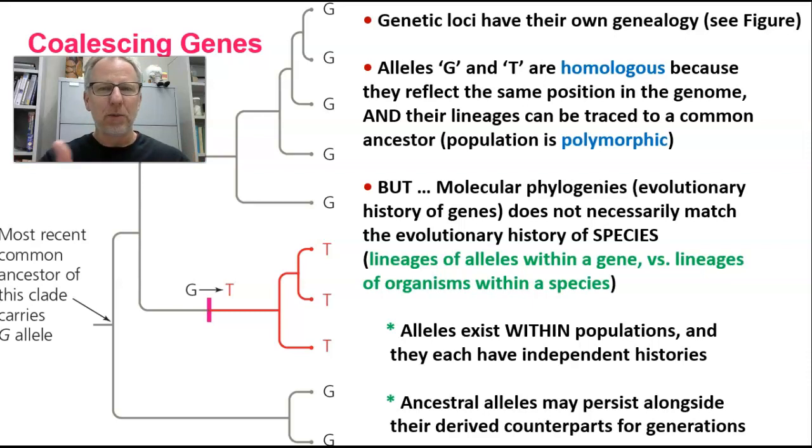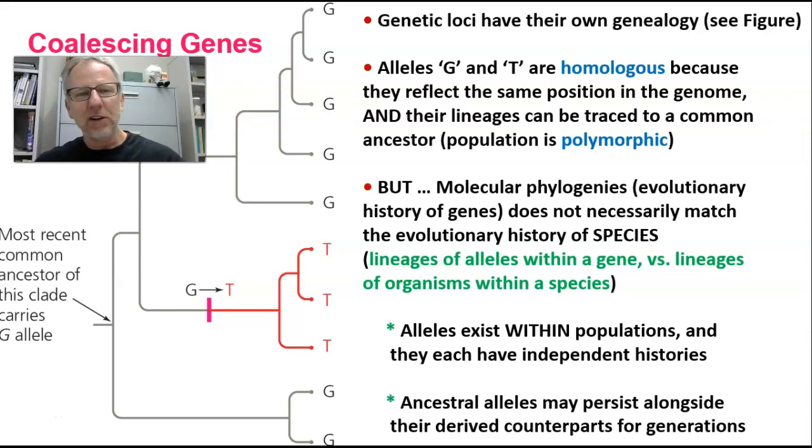So let's take, for example, this figure that's from your book, and we're looking at this allele G. This allele has a nucleotide guanine, or G, at a particular site, and that allele G is being passed on generation after generation. We can see its history unfolding there in a cladogram-like diagram.